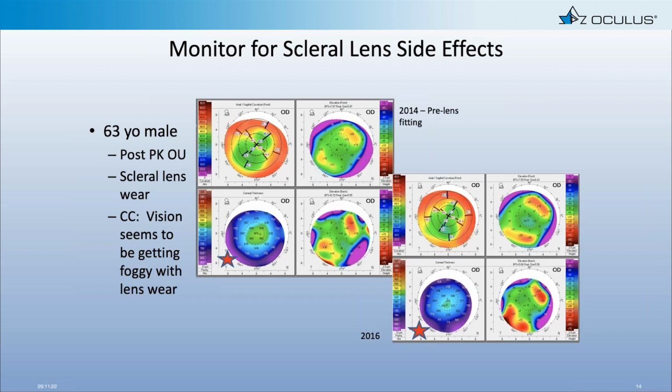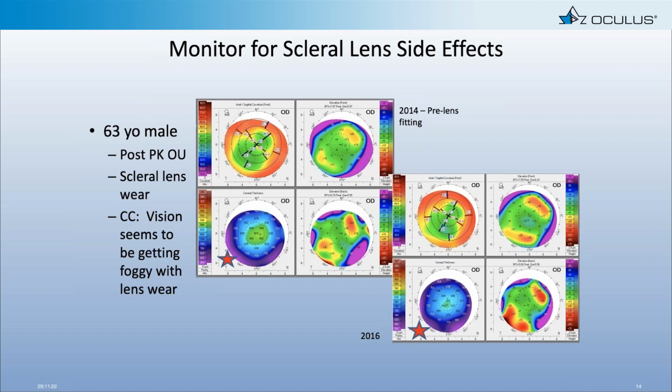He had glaucoma and had glaucoma surgery in one eye with a tube shunt, which allowed for the ability to continue him wearing scleral lenses because the tube shunt was something we were able to maneuver around with the lens fit.